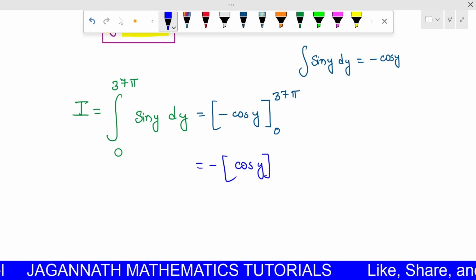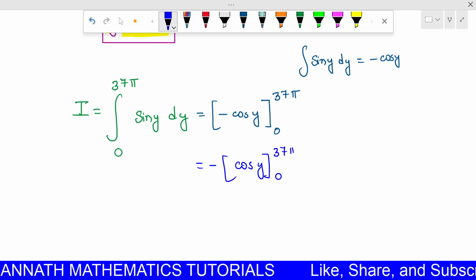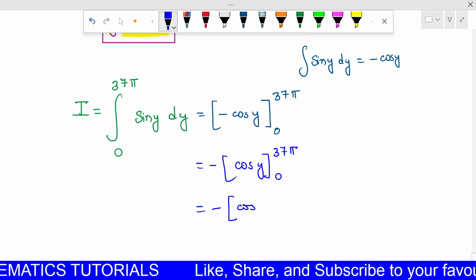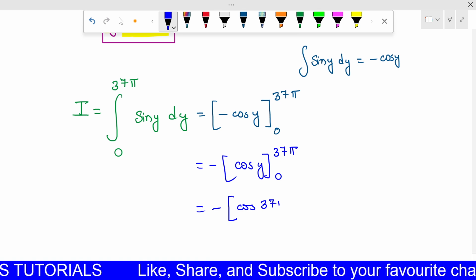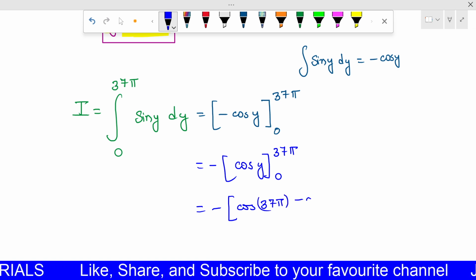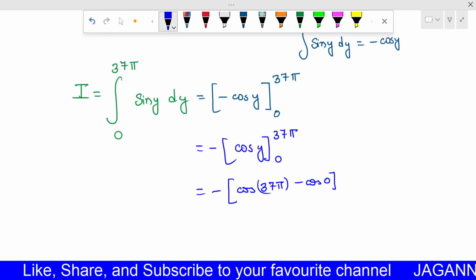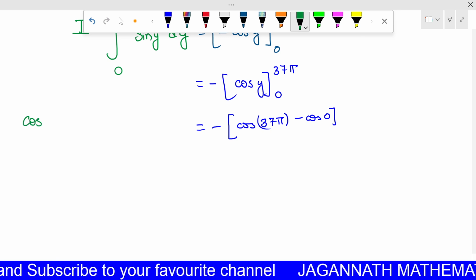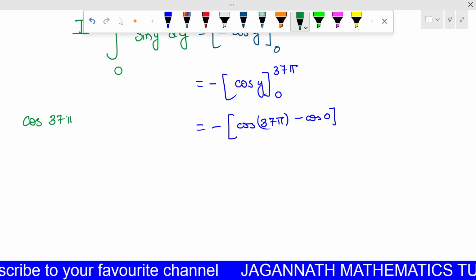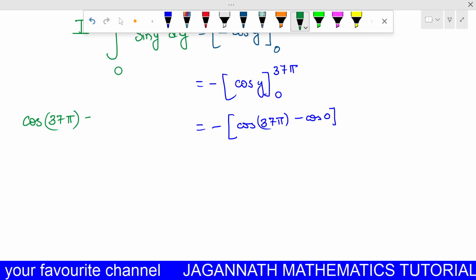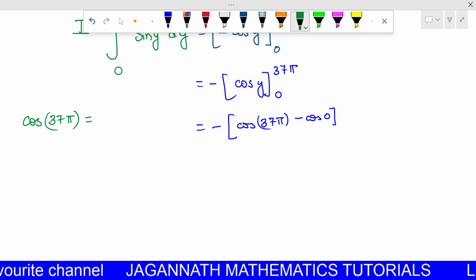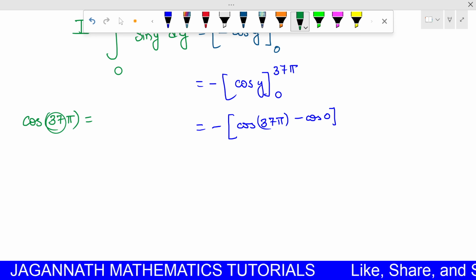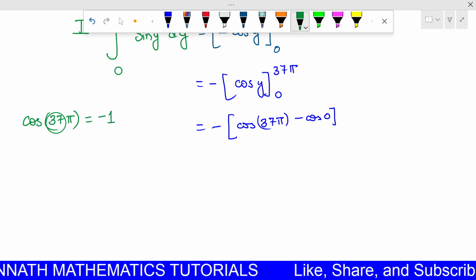Now if I take this minus common out, then I have minus cos y from 0 to 37 pi, which will be equal to, first we put the upper limit, so cos 37 pi minus cos 0, right? Clear to you? Now see cos 37 pi. Cos is this, 37 is odd, so odd multiples of pi mean a minus 1, right?